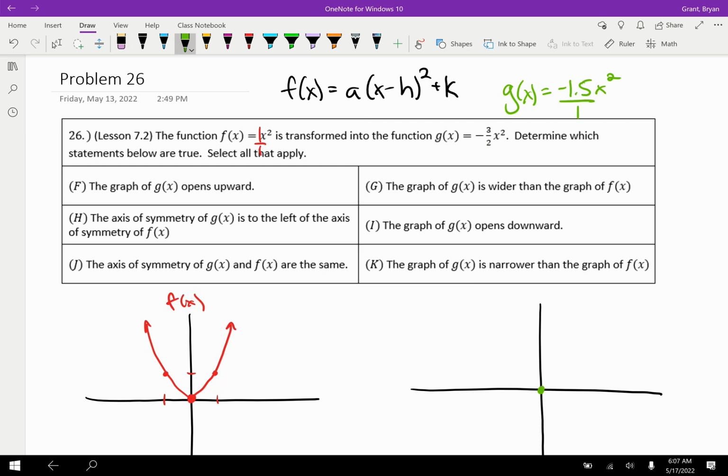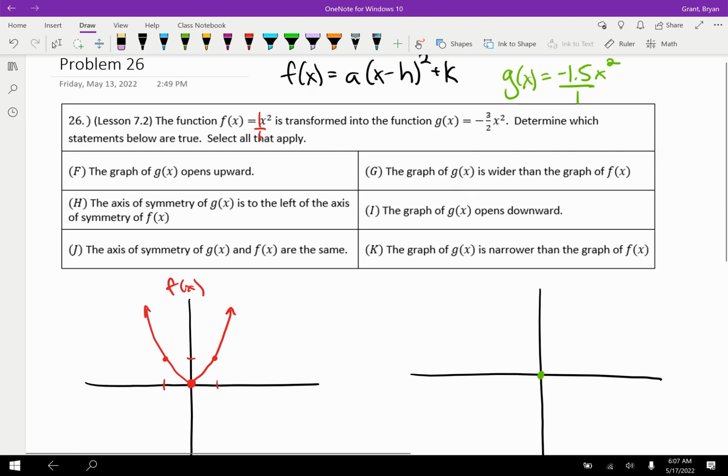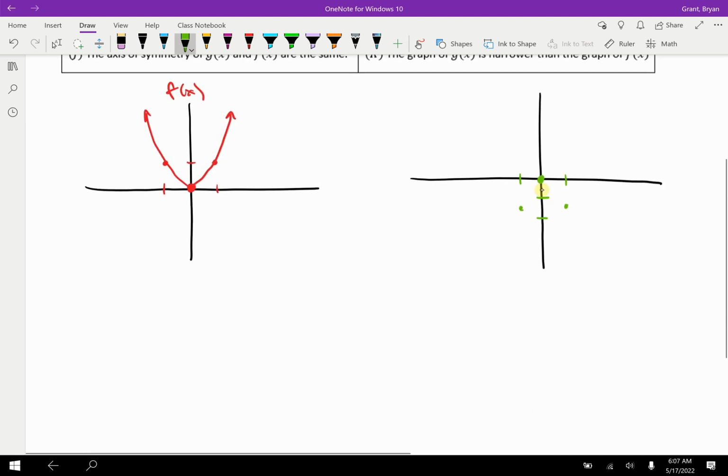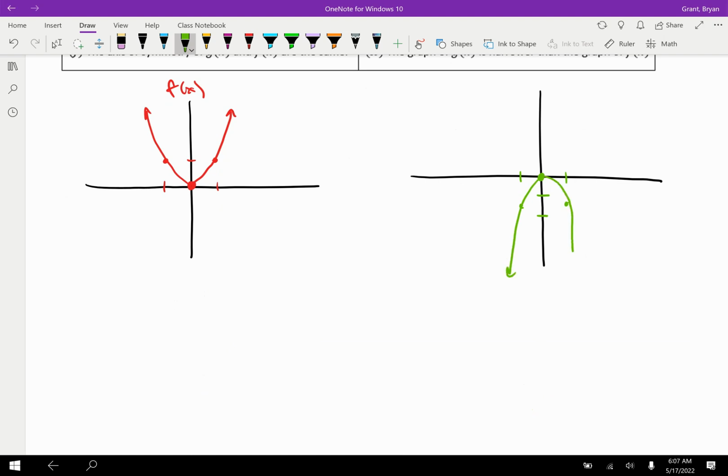And I'm going to treat that as being over 1. You could work with negative 3 halves, but it still needs to be over 1, and that can be a little bit tricky. So I'm going to do the negative 1.5 over 1. Right? Negative 1.5 means I go down 1.5 and then over 1. Okay, so something like that.